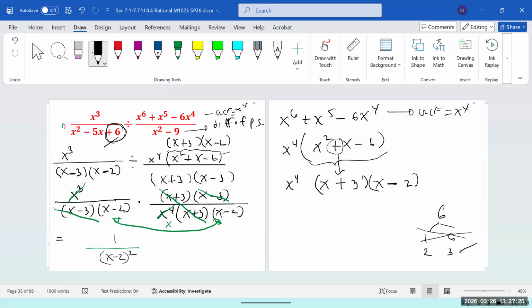Anything else? Really? What happens to this x? So you have x minus 2, one of them here, two of them here on the denominator.